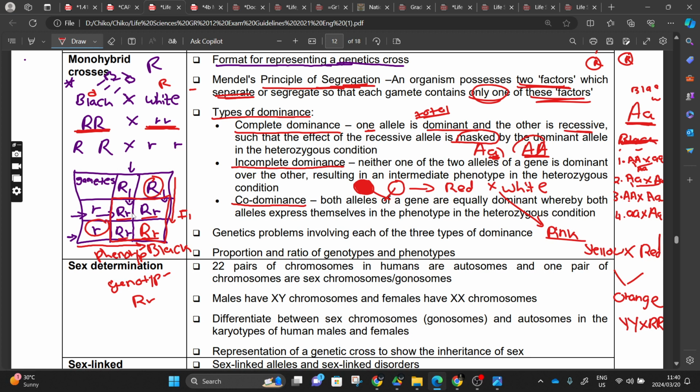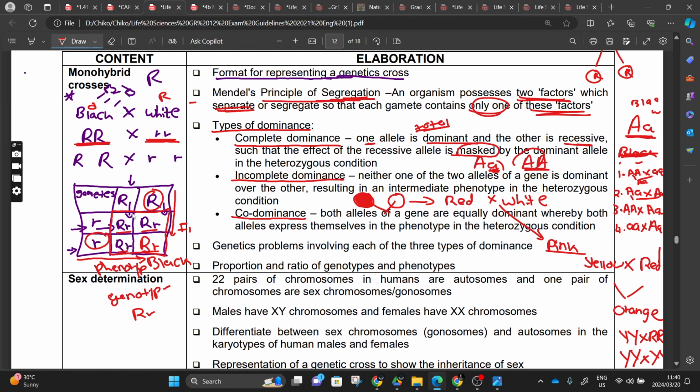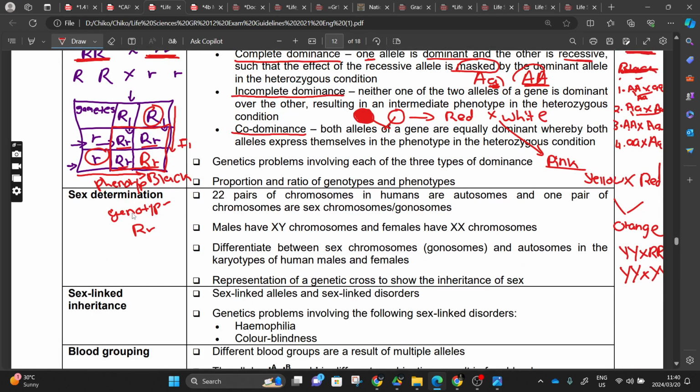Because this one is yellow and this one is red, and the yellow is not dominant over the red, and the red is not dominant over the yellow, all of them are just half full.